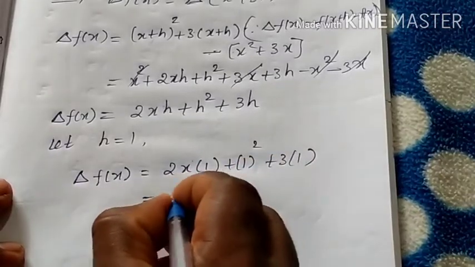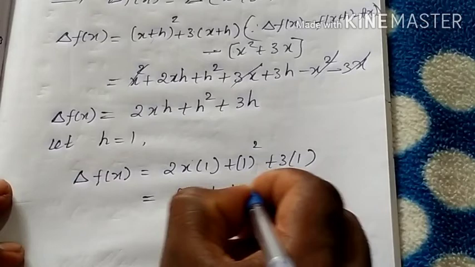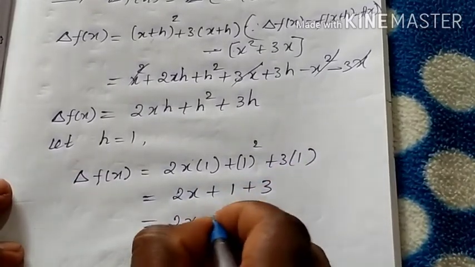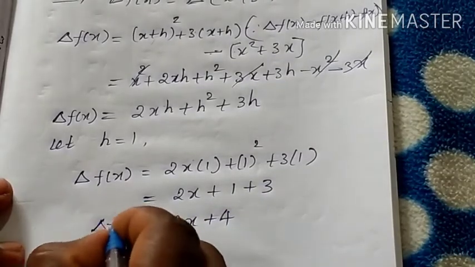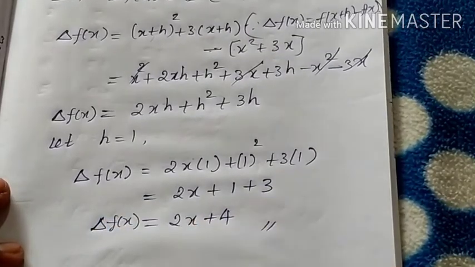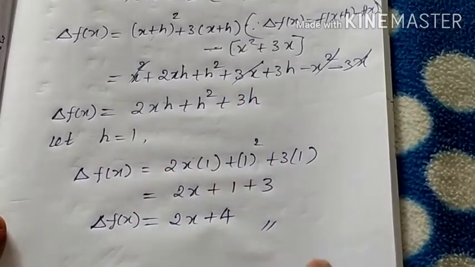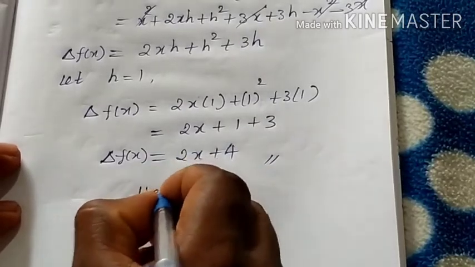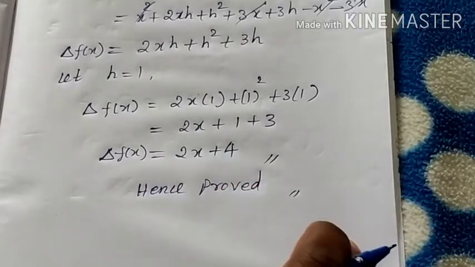So is equal to 2x, 1 into 2x, 2x plus 1 square is 1 plus 3 into 1, 3. So is equal to 2x plus 1 plus 3 is 4. Okay, this is delta f of x. Okay, compare your result, hence proved. Okay, now we get 2x plus 4. So hence proved. Have you understood?